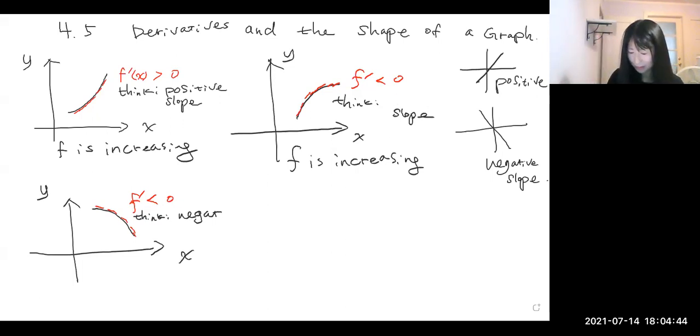The slope is positive this way, then this way is negative.